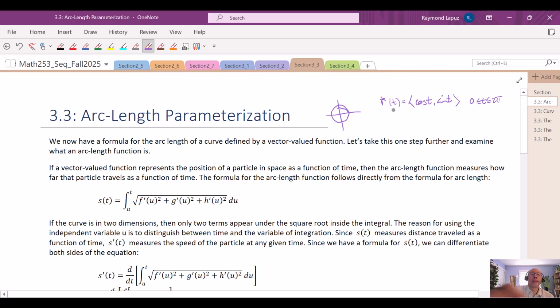However, we can also reparameterize this a different way. Let's call this r1 of t, and this is equal to, let's say, cosine 2t, sine 2t.